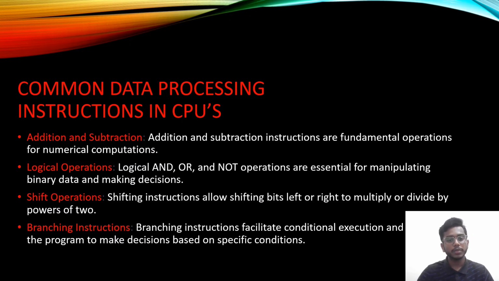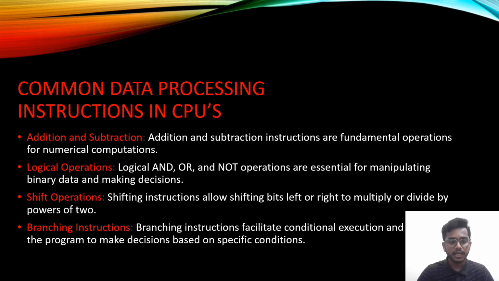There are common data processing instructions in central processing units. They are addition and subtraction, logical operations, shift operations, and branching instructions. Addition and subtraction instructions are fundamental operations for numerical computations.